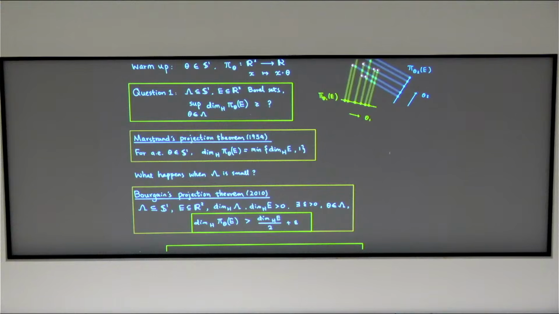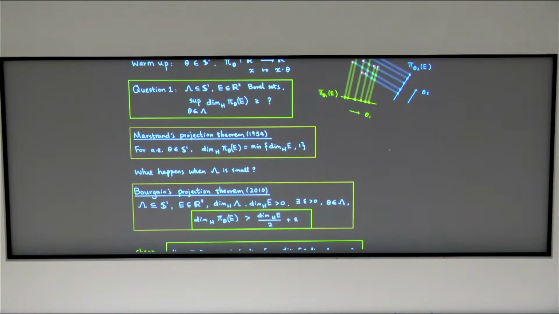Sorry, when I say epsilon improvement, first of all, this greater than or equal to the Hausdorff dimension of E over 2 is a much easier bound, but having this epsilon improvement is highly non-trivial.